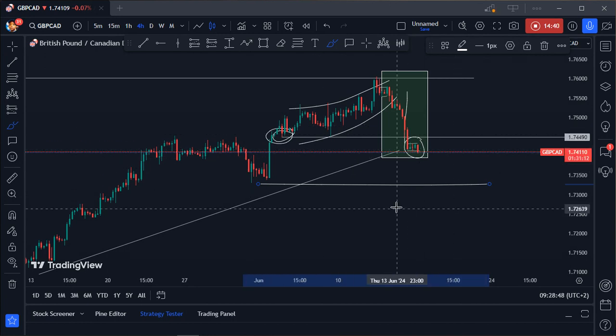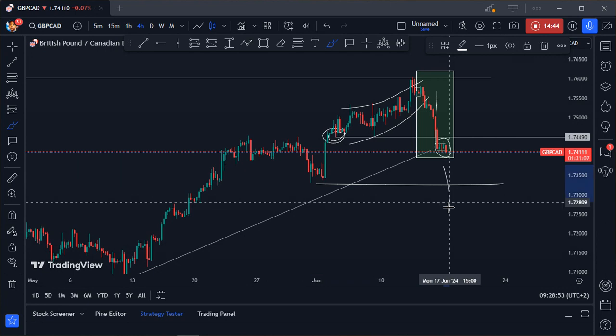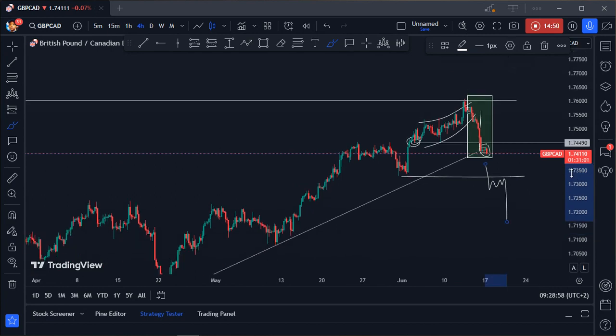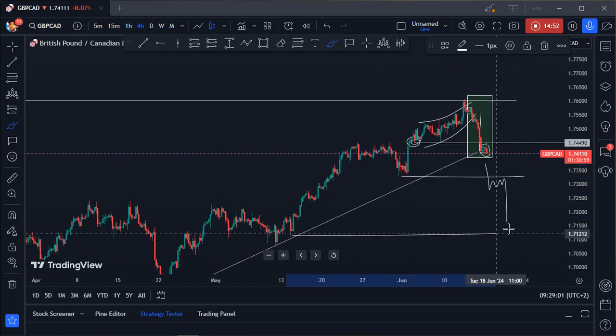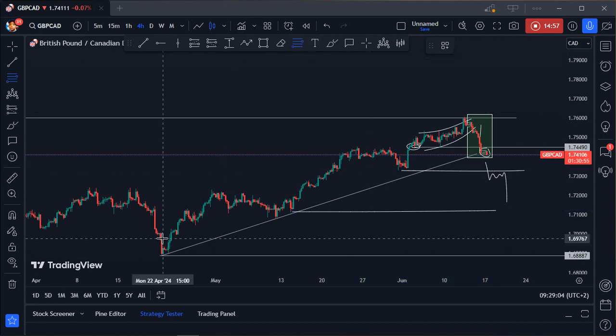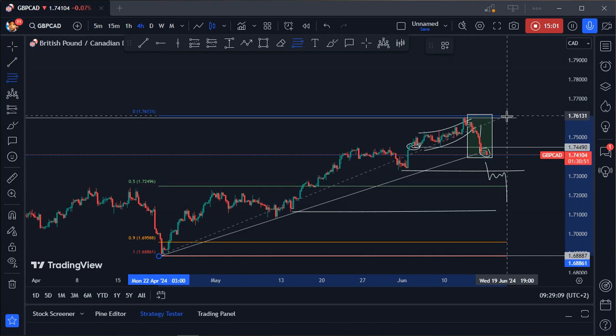I'll go break even, and that's how I'm going to manage my trade. And if we happen to get another continuation below here, I'm just going to sell and scale my trades, continue to that level. And basically I'm playing this as a range, as you saw previously.